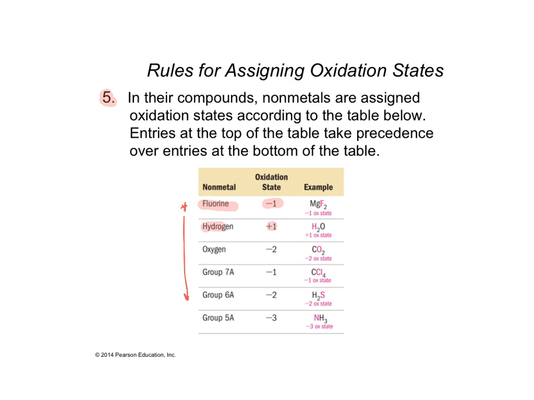Hydrogen would come next. It'll have an oxidation state of +1. Oxygen is a -2. And then we go to group 7, which has a -1. Group 6, -2. And then anything else in group 5 would have a -3. So again, all of these rules in isolation don't really necessarily make sense, but they will hopefully make sense whenever we apply them in an example.